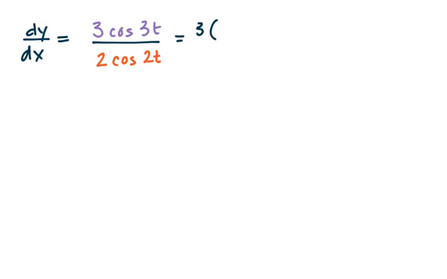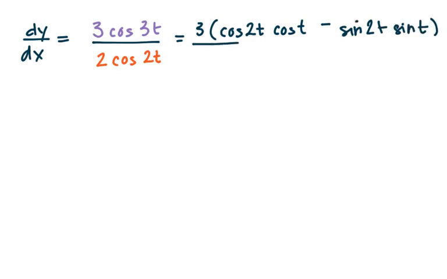If I say that 3t is equal to 2t plus 1t, then my cosine sum identity would give me cosine 2t times cosine t minus sine of 2t times sine of t. And in the denominator, if I use a double angle, the 2 would remain, and my double angle for cosine is 2 cosine squared t minus 1.